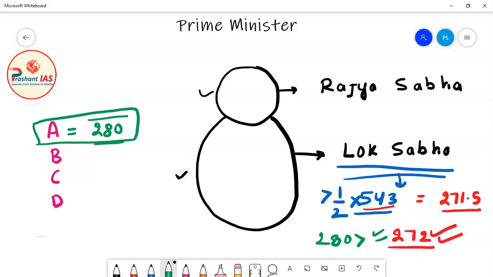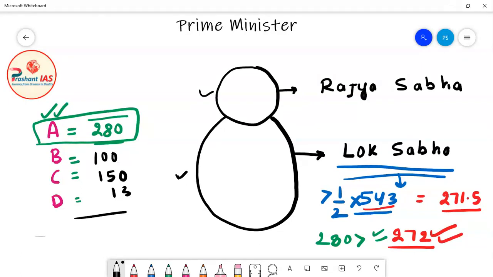Now definitely Party B, Party C, and Party D will also get some seats in Lok Sabha, but here we are only concerned about Party A. Let's suppose Party B got 100 seats, Party C got 150 seats, and Party D got 13 seats.